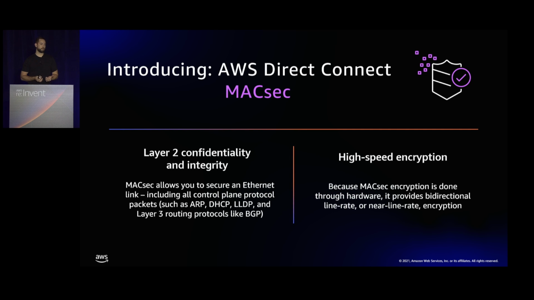And so basically MACsec operates at layer 2. So it's going to allow you to encrypt things like ARP, DHCP, BGP, anything that's operating at those upper layers above layer 2 for that connection. It's also a high-speed connection, high-speed encryption. If you look at an IPsec connection, IPsec within AWS, you connect to a VGW, you can get 1.25 gigabits per second per IPsec connection.